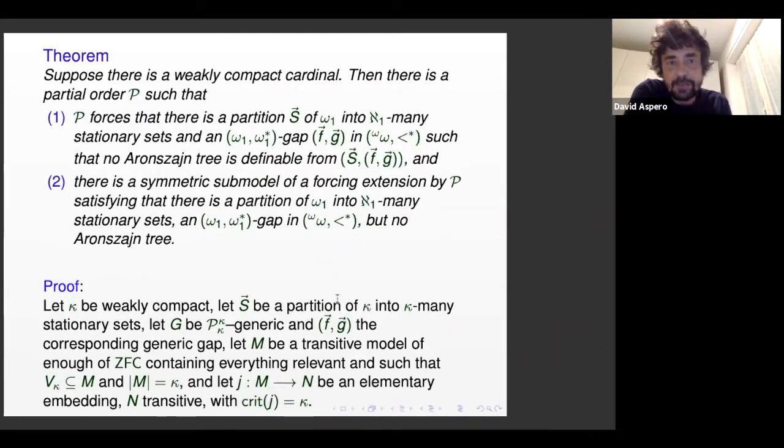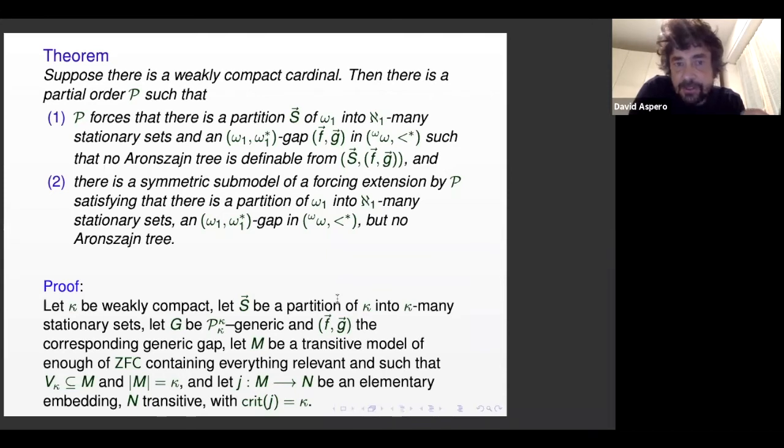Now let me give a related type of results that uses weakly compact cardinals. So suppose that there is a weakly compact cardinal, and then there's a partial order P such that P forces that there's a partition of omega 1 into omega 1 many stationary sets, and there's an omega 1 gap in the reals, but there is no Aronszajn tree which is definable from them.